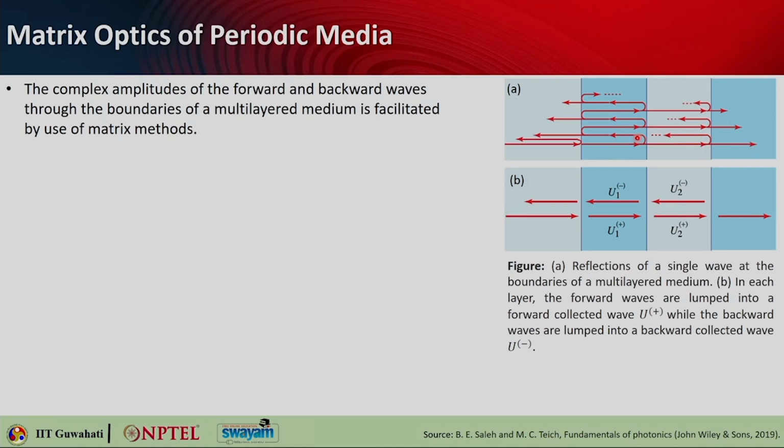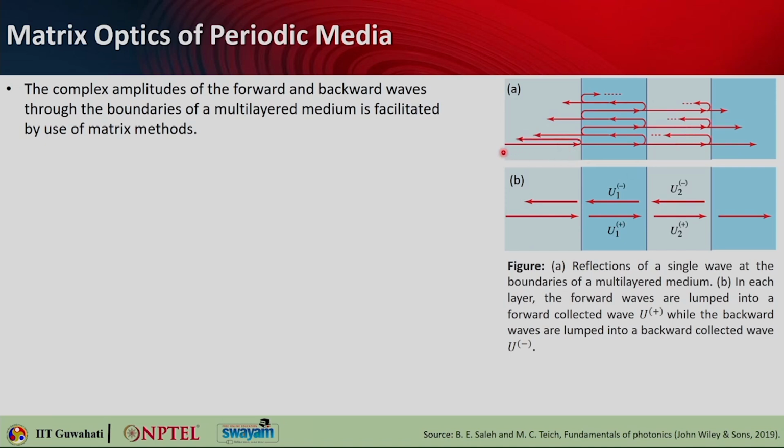Now what happens to this reflection? This is basically a backward propagating wave. So here again at this interface it has two options, one is to transmit, one is to reflect, and so on. This is how things happen in a multilayered medium.